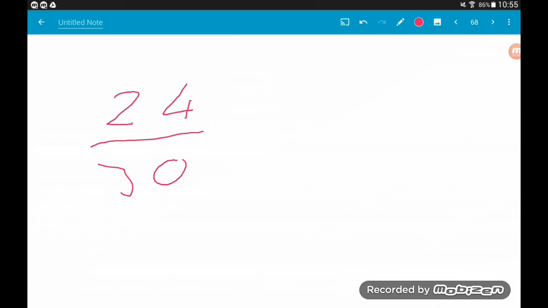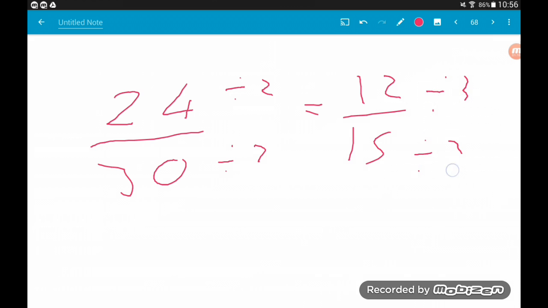Both of these numbers are even, which means we have a factor of 2, so we can divide the top and bottom by 2. We get 12 over 15. We then have a common factor of 3, so we divide the top and bottom by 3, and we get down to 4/5, which is the fraction in its simplest form.